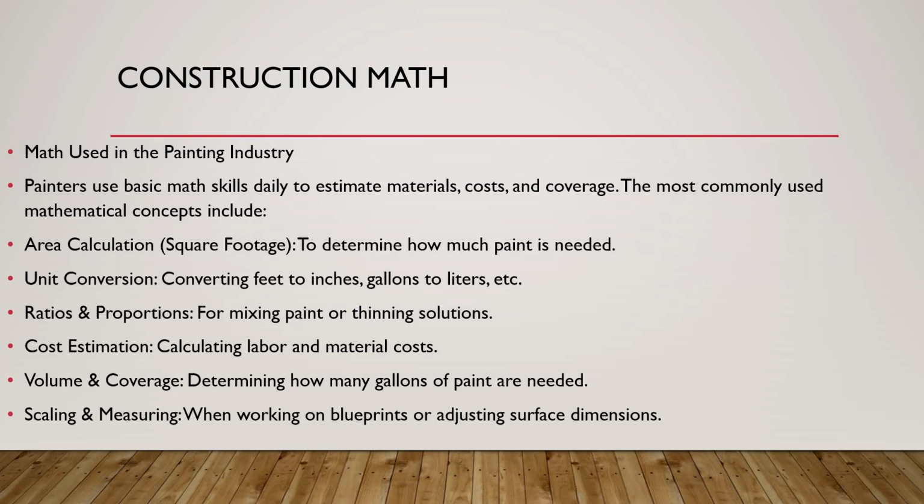The most commonly used mathematical concepts include area calculation, so getting a square footage to determine how much paint is needed; unit conversion, so you convert your feet to inches, to gallons, to liters, etc.; ratios and proportions for mixing paints and thinners; cost estimation, so you calculate your labor and your material costs; volume and coverage, to determine how many gallons of paint are needed; and scaling and measuring, when working on blueprints and adjusting for surface dimensions.